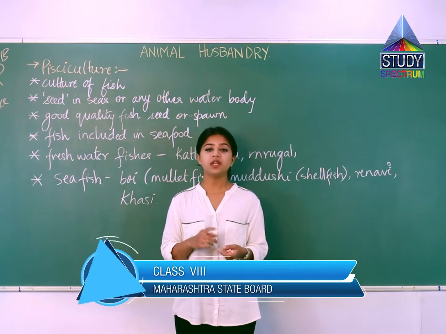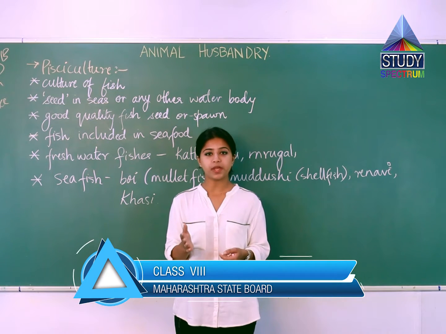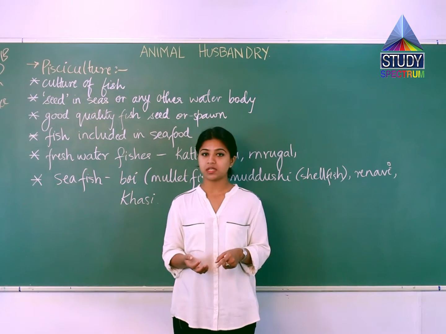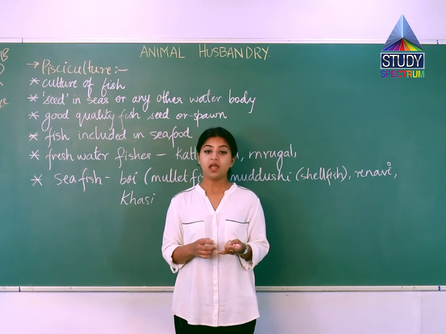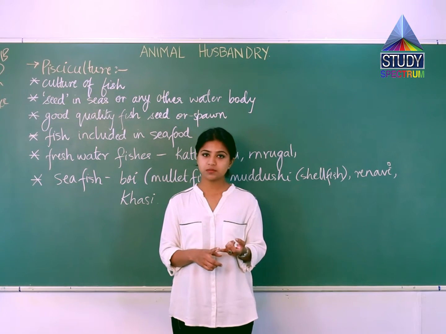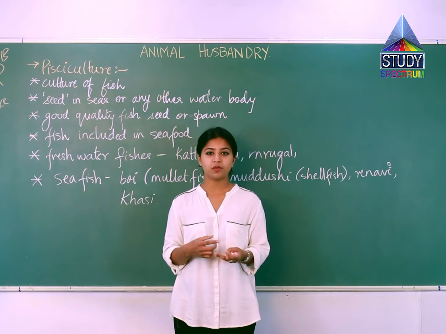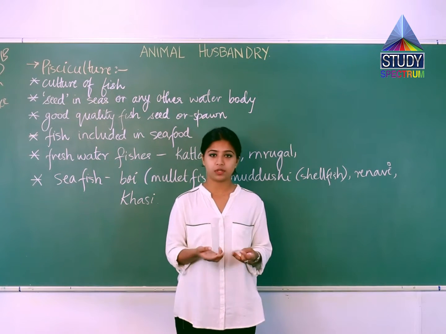Along with that, we learned how different occupations could be served by different types of animals. The animals that could serve this purpose were the cows and the buffaloes for serving milk, as I told you earlier.